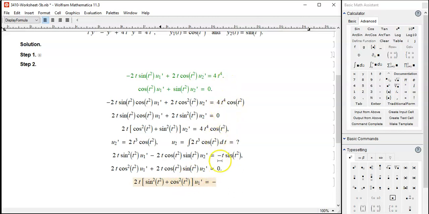As a matter of fact, there was 4t to the 4th power, and I guess I didn't type everything correctly here. Okay, this is what I'm going to get.